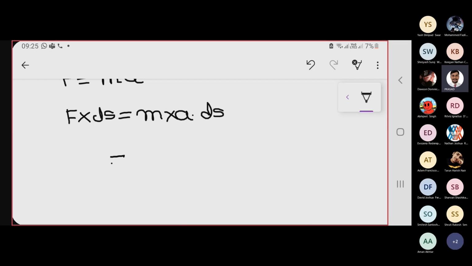Or we can write mass into, acceleration as v into dv by ds, into ds.